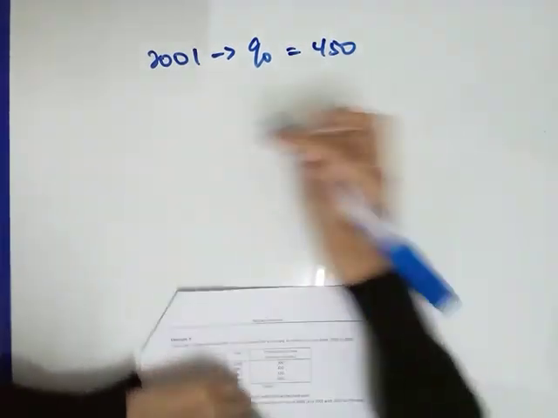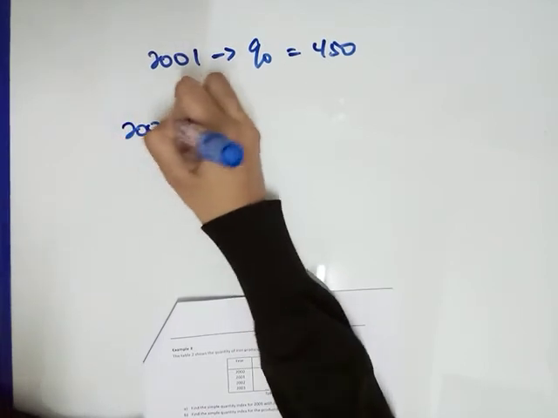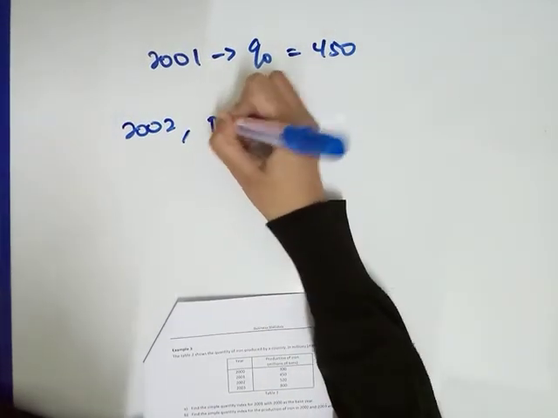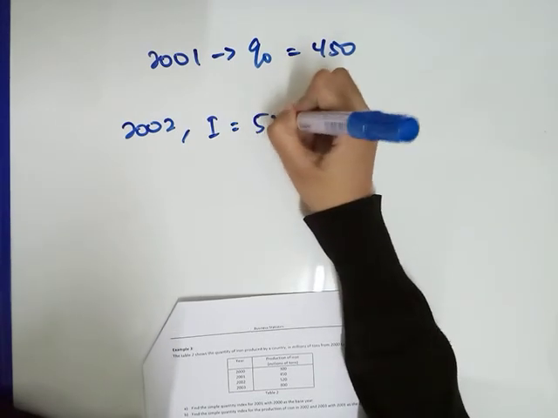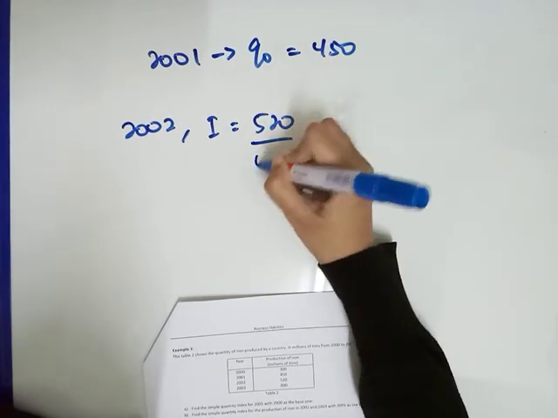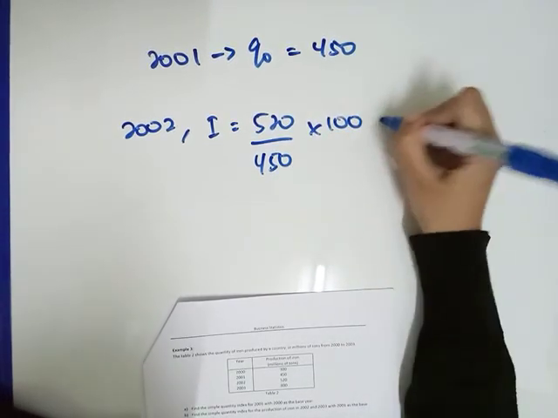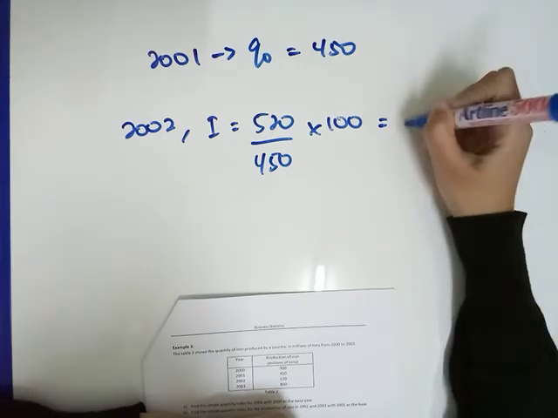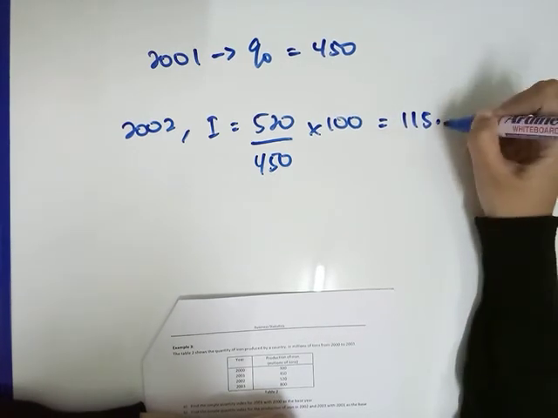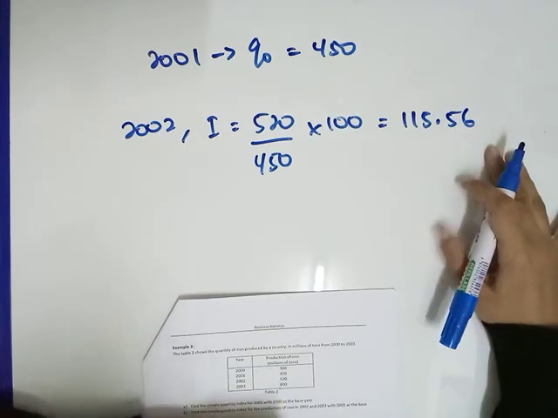Okay, so you need to calculate one by one. Okay, for 2002, the quantity index, okay, 520 divided by 450 times 100. Okay, and then how do you get? You will get 115.56. Okay, this is for 2002.